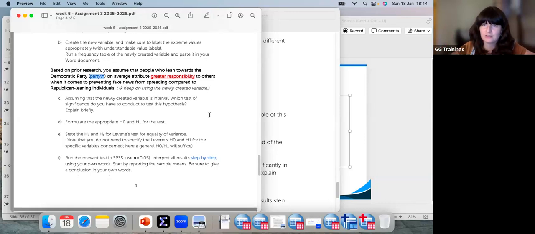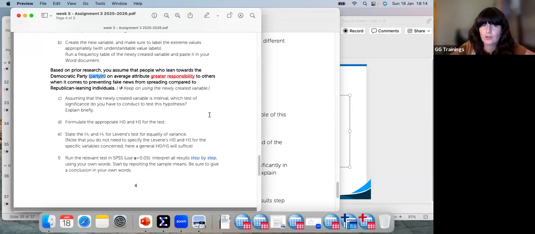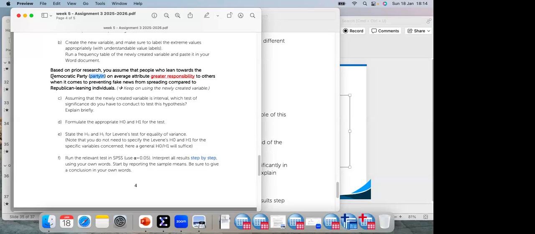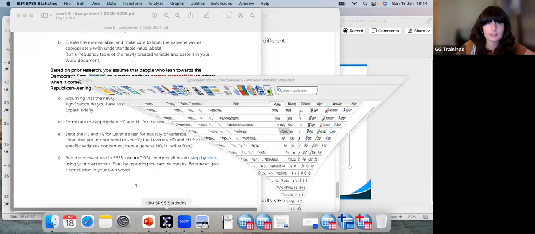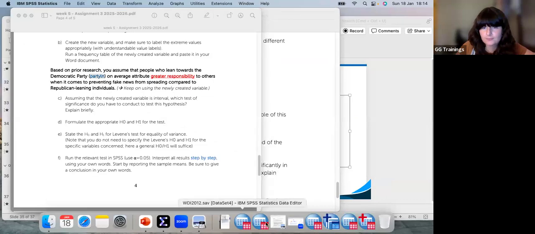Does that answer it? Yeah, but when I'm putting in the variables, don't I need to group them, like choose the Democratic Party and the Republican Party? Okay, all right, let's have a look at the data set.